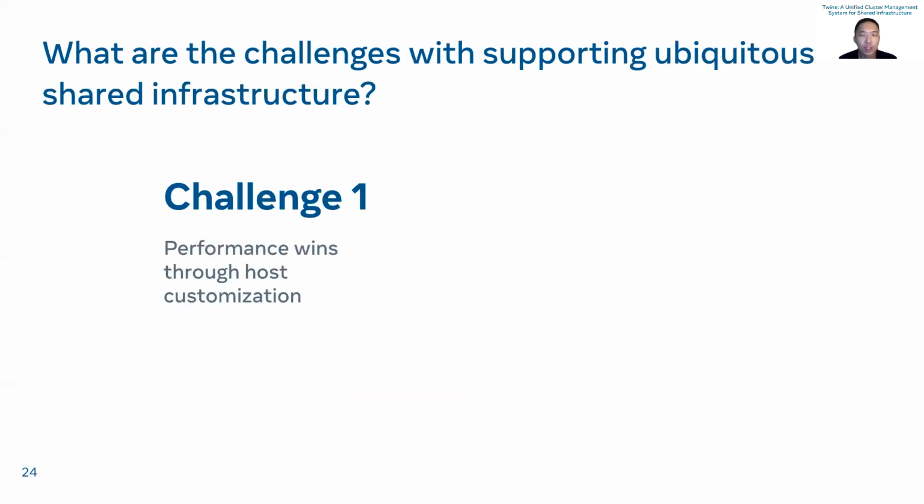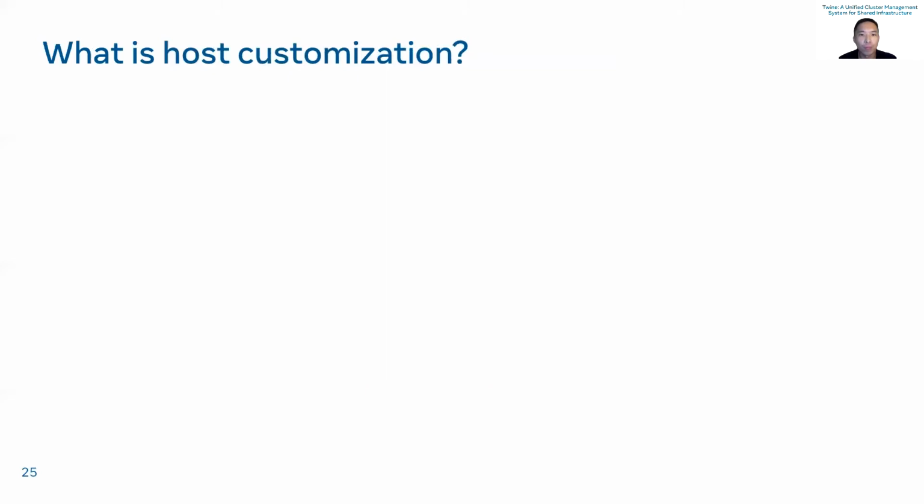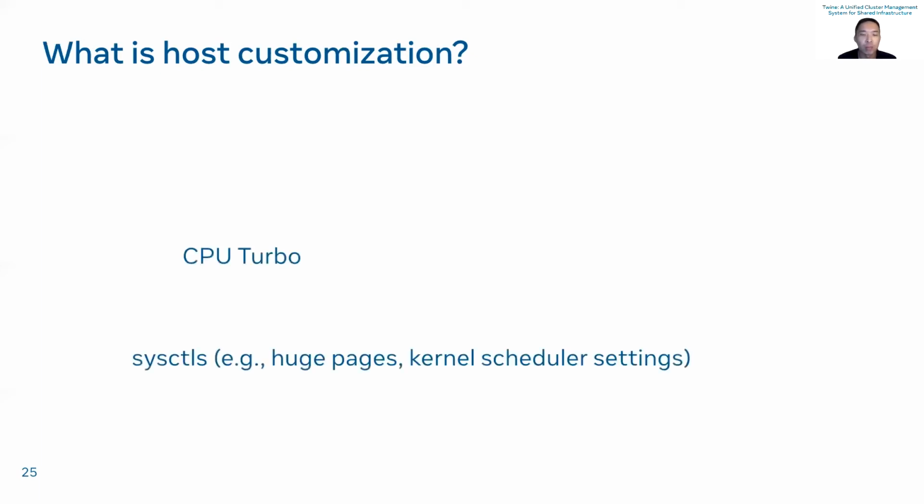The first challenge is that many applications may obtain performance wins through heavy host customization. So what is host customization? In our fleet, a small number of services dominate our capacity consumption. These large services often tune host settings to run more efficiently. For example, our web tier achieves 11% higher throughput through a combination of various settings, including enabling turbo, using huge pages, and more.